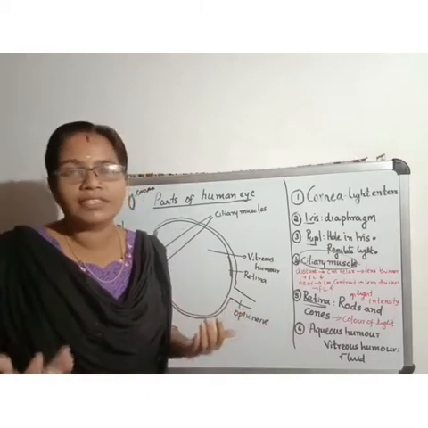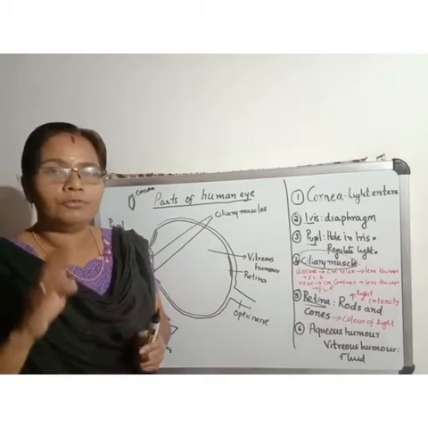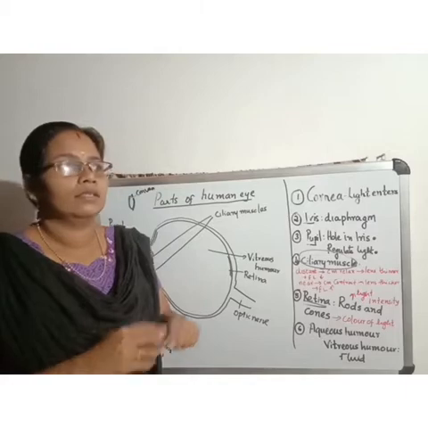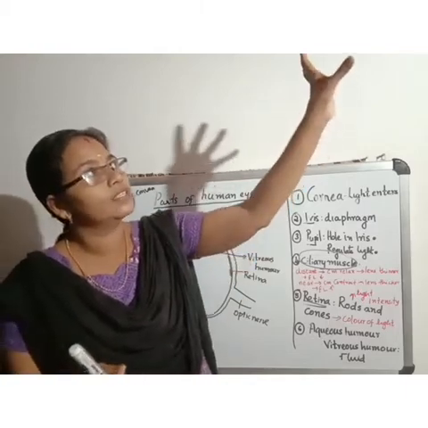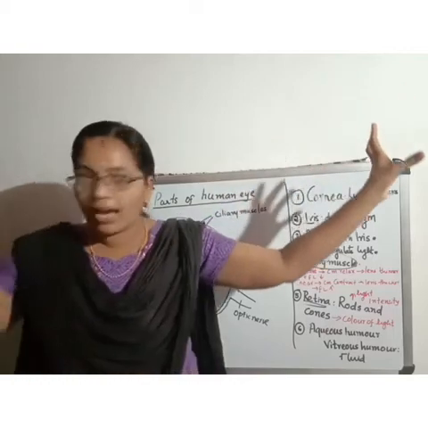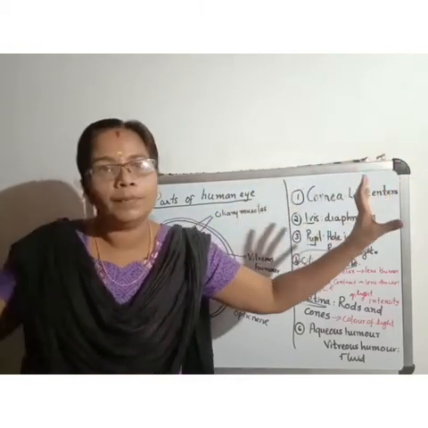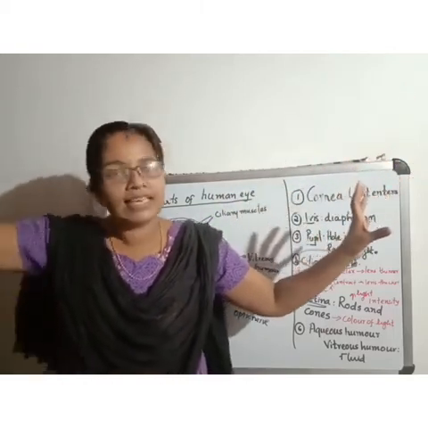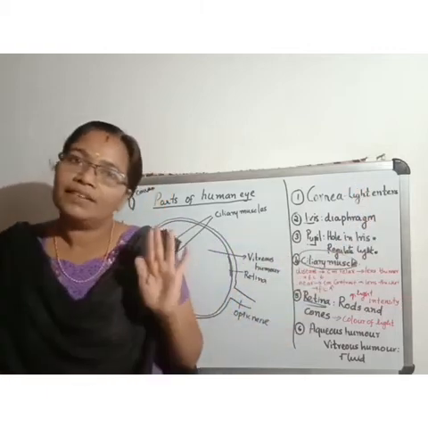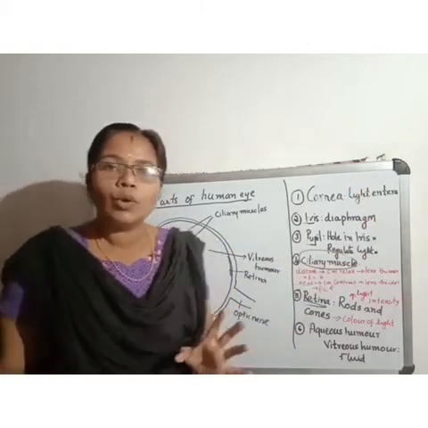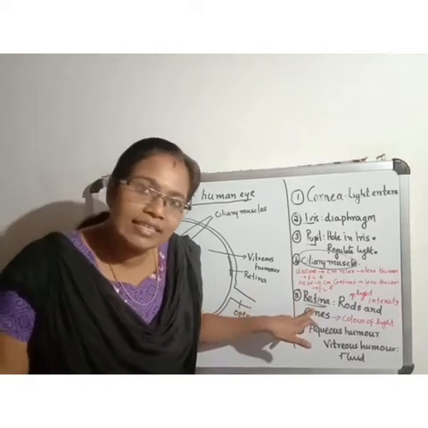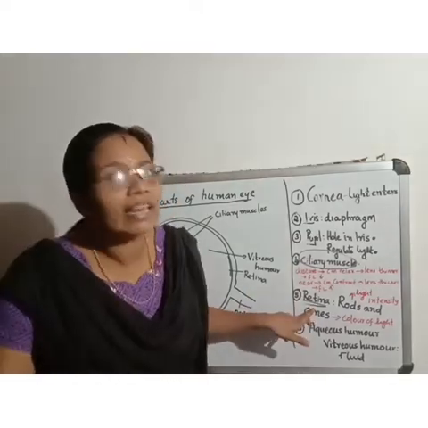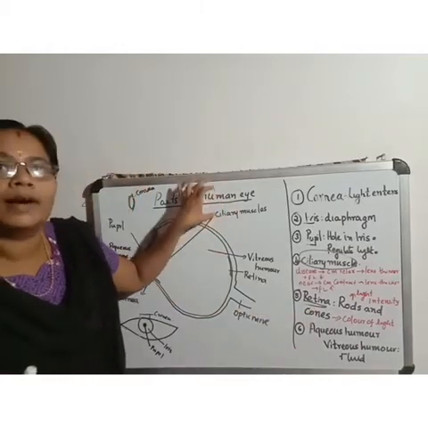We already studied that if you place a lens in between and focus it on an object, at the other side you will get the image. If you place a screen at the other side, we will get the image. So the retina has the role of a screen inside the human eye.